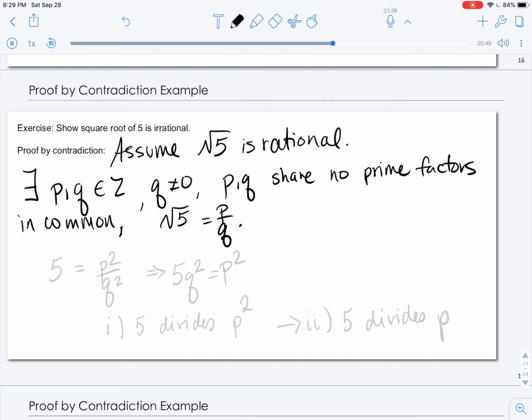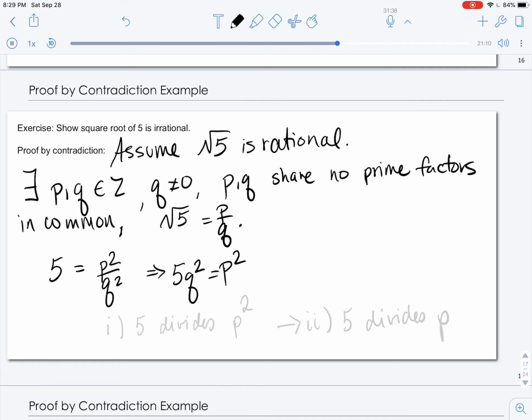The first thing we can do is square that equation, so we get that 5 is equal to p squared divided by q squared, which means that p squared is equal to 5q squared. Okay, now we want to see what we can do with this.